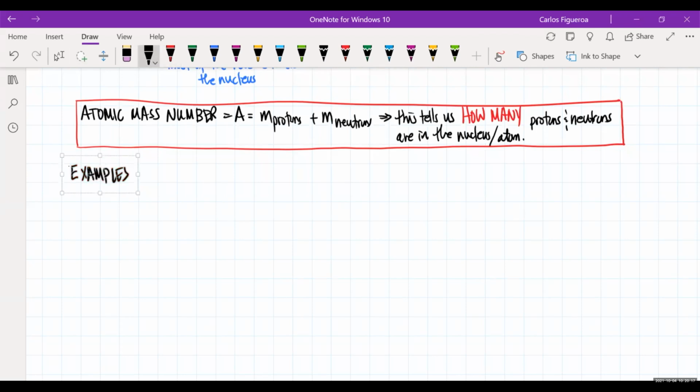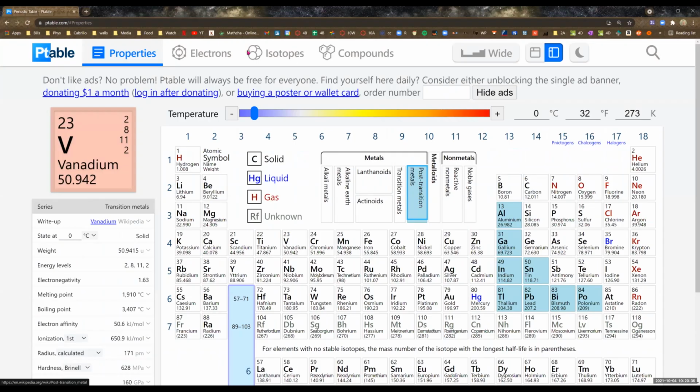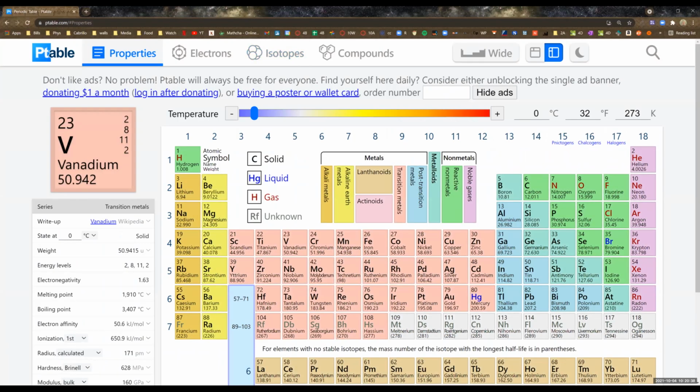So if I look at this, I'm going to show you what I did here. I'm going to go to the periodic table. And here's the periodic table. What I'm going to do now is come in and get calcium.